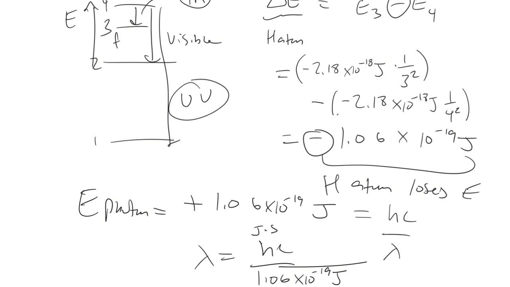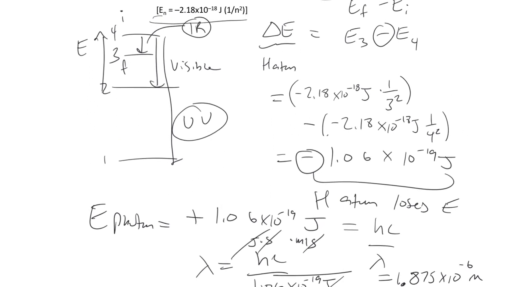We multiply that by 2.998 e to the 8 meters per second, and then divide by joules. So I divide by that answer, and I get 1.875 times 10 to the minus 6 meters.